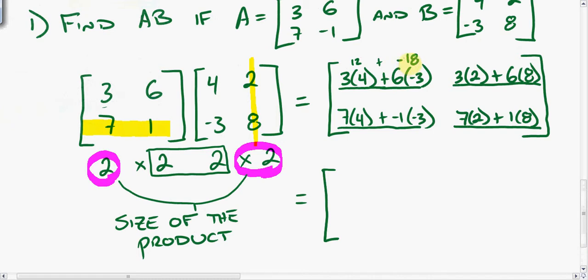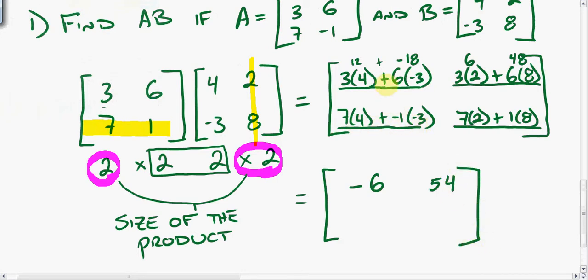That gives us -6, in the upper left-hand corner. Now we have 3 times 2, which gives us 6. 6 times 8 gives us 48. 48 plus 6 gives us 54. That's in the upper right-hand corner.